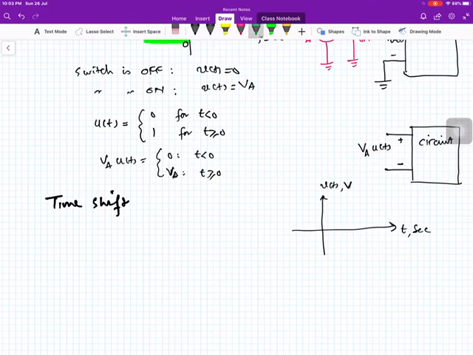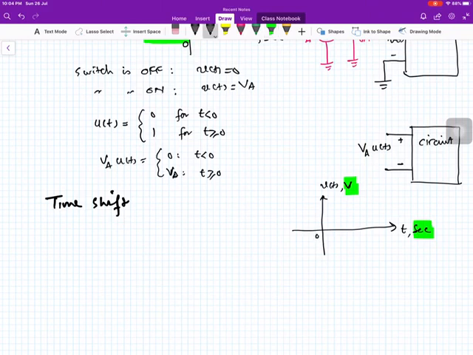V means volts, it may be millivolt, microvolt or kilovolt. It is important to show the units of time. It may be microsecond, millisecond or seconds. It may be hour, but we have to show the unit of time.